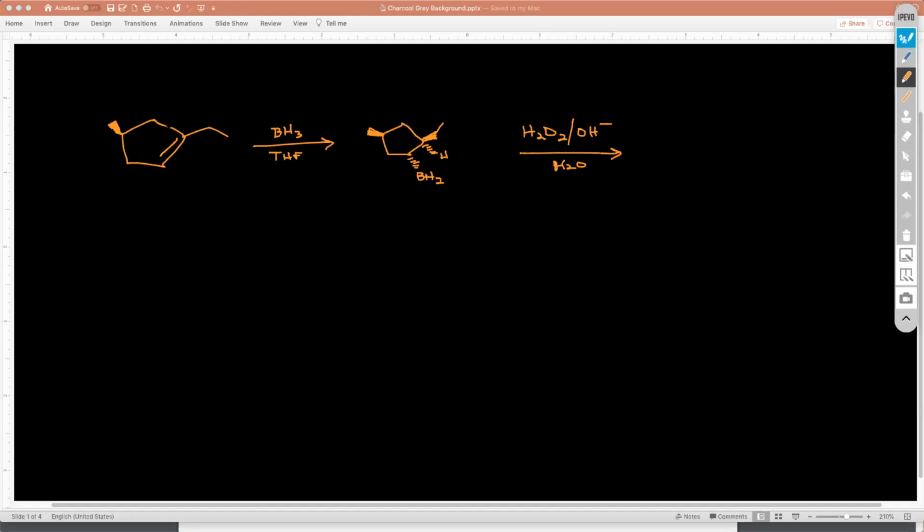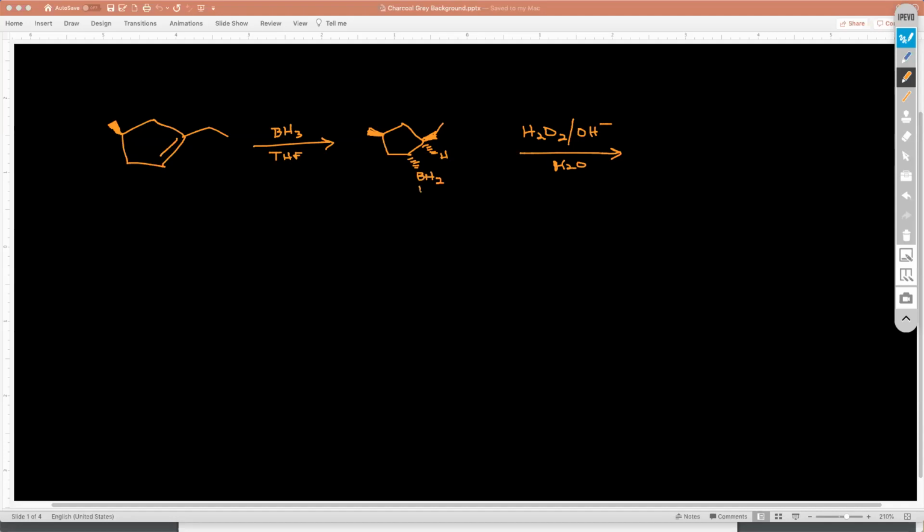Now, if the BH3 THF component comes in and attaches from below the plane, because imagine there's a pi bond here, or p orbitals on both of these to make the pi bond, then the hydrogen and the BH2 are going to have to be on the same side.